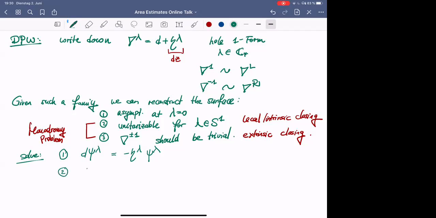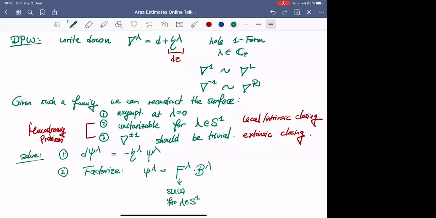And the second step is to factorize the solution in a way such that F lambda is SU2 for lambda in S1.